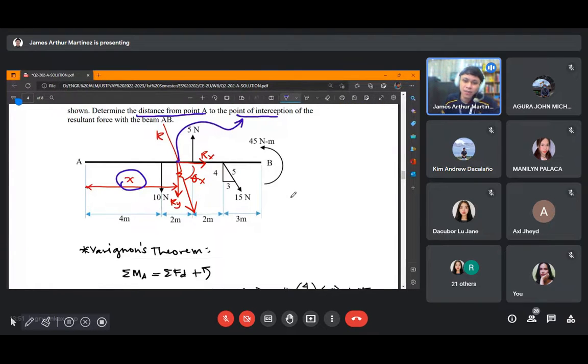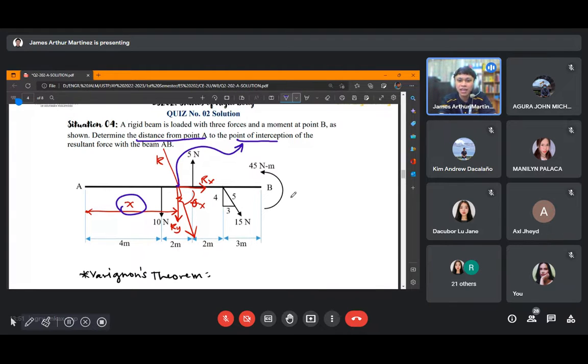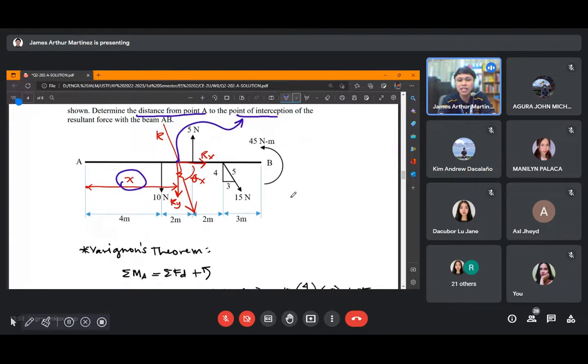Varignon's theorem is not only limited to distances, but it can also be applied on areas, etc. If you have areas, sub-areas, then one whole area, and you wish to locate its centroid, you can use Varignon's theorem. We'll arrive there later on. For now let's just utilize Varignon's theorem to compute for distances.